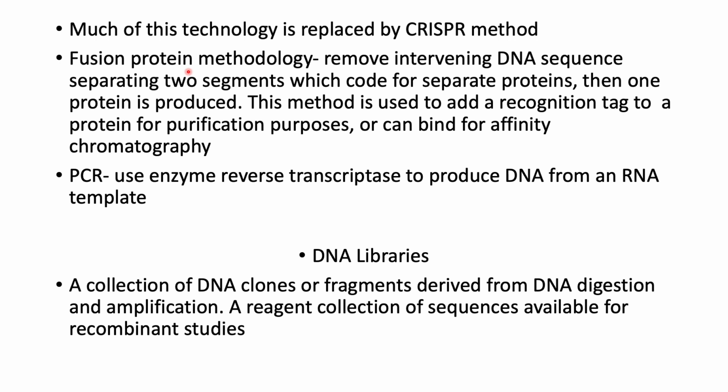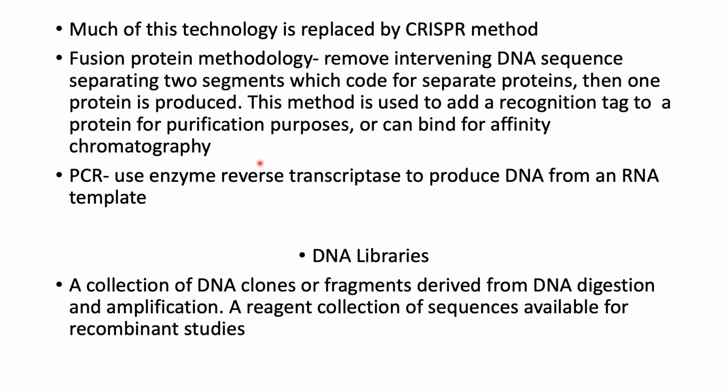Fusion protein methodology: you remove the intervening DNA sequence, separating it into two segments which code for separate proteins. One protein is produced, then you can add a recognition tag to a protein for purification or bind it for affinity chromatography. So producing a small protein with a marker on is used, and you can have the marker guide if you've got the correct mutation sequence in question.